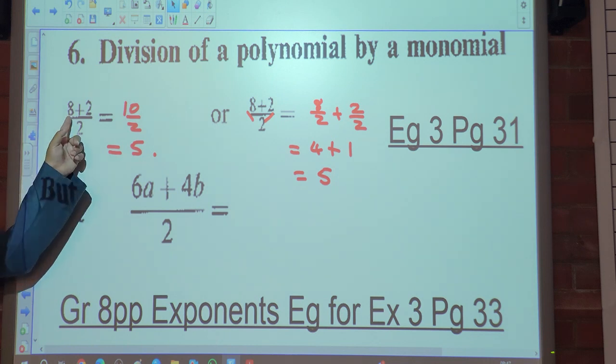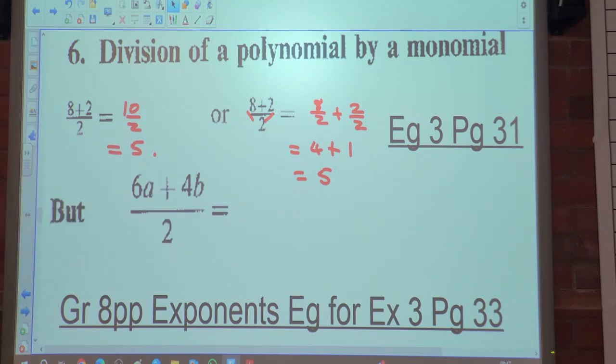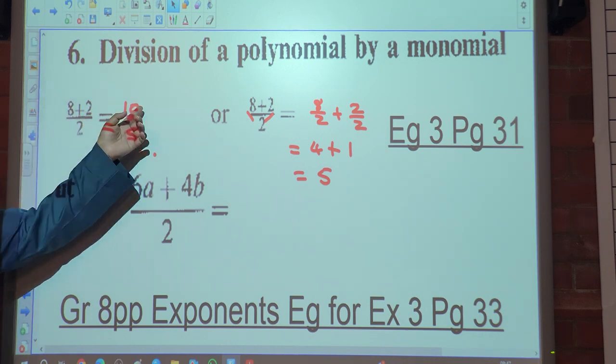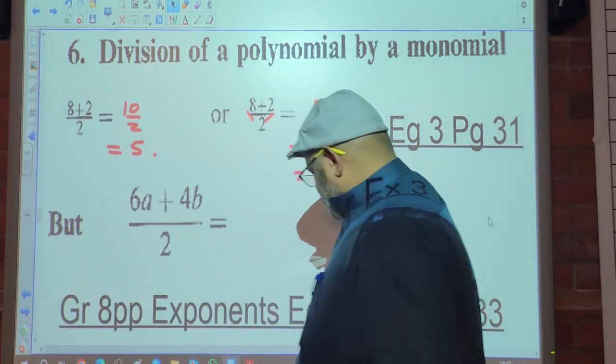Could I apply the first method I did here to the sum? No, sir. Why not? For the unlike terms. They are unlike terms, so I can't add before I divide. So what must I do? I must divide them first.